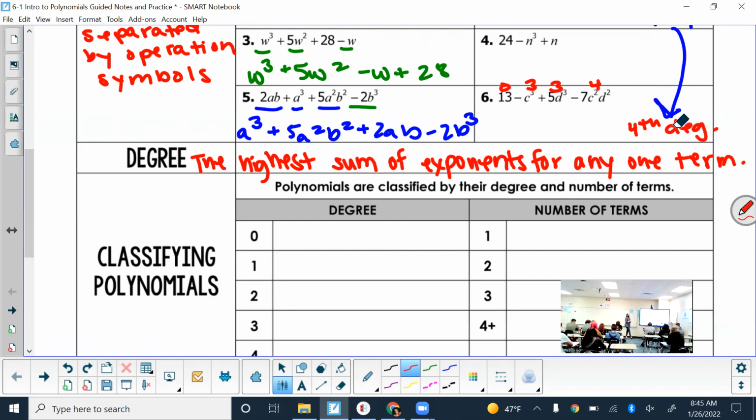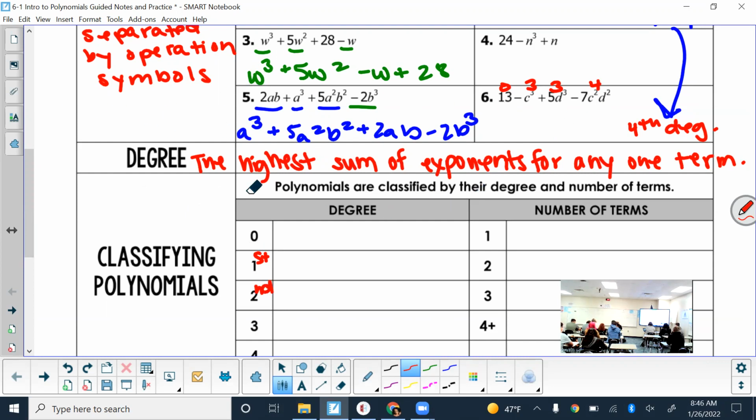We also have another name for that, but sometimes on your test it just says 4th degree, things like that. So that's what we'll be doing, classifying polynomials by degree. Take the sum of the exponents on each individual term, whichever one's higher is the degree of the whole thing. Sometimes they say that it's a 0 degree polynomial, or a 1st degree polynomial, a 2nd degree polynomial.